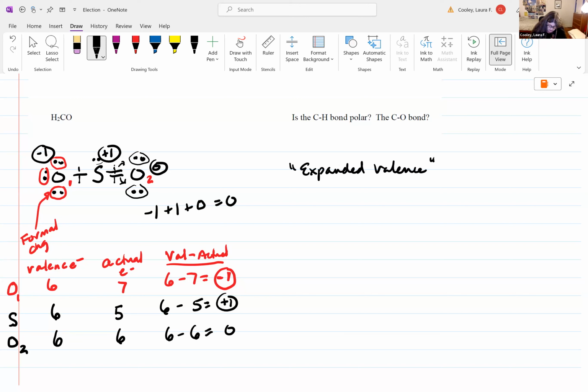If you notice, it's in the 3rd period. You can't do this with any of the elements in the 2nd period that we commonly use, but I could take one of these and make a double bond here, and I would end up with this structure.